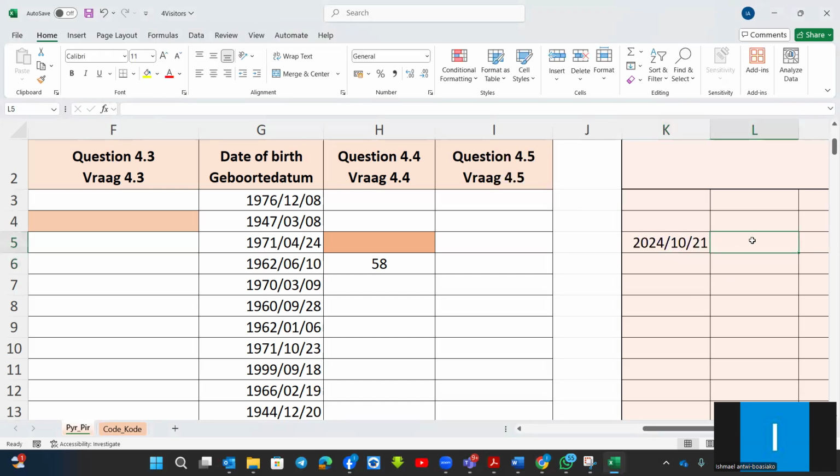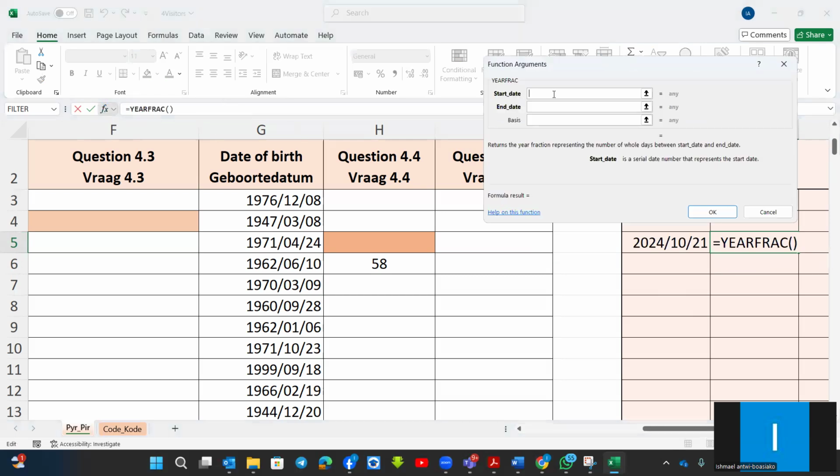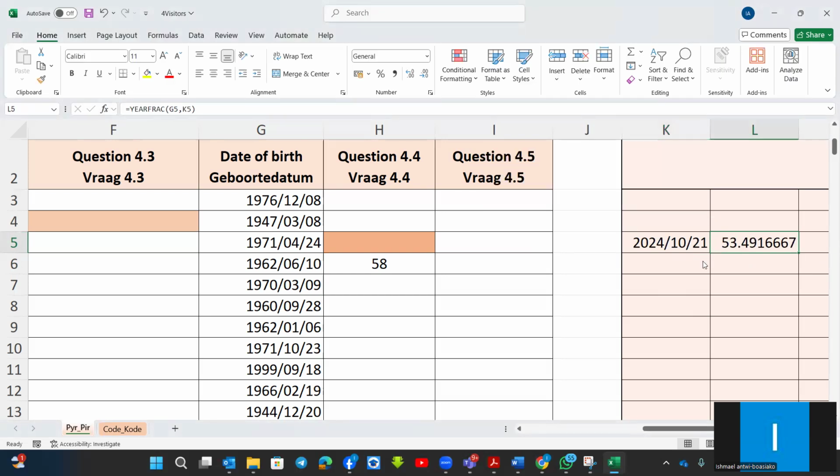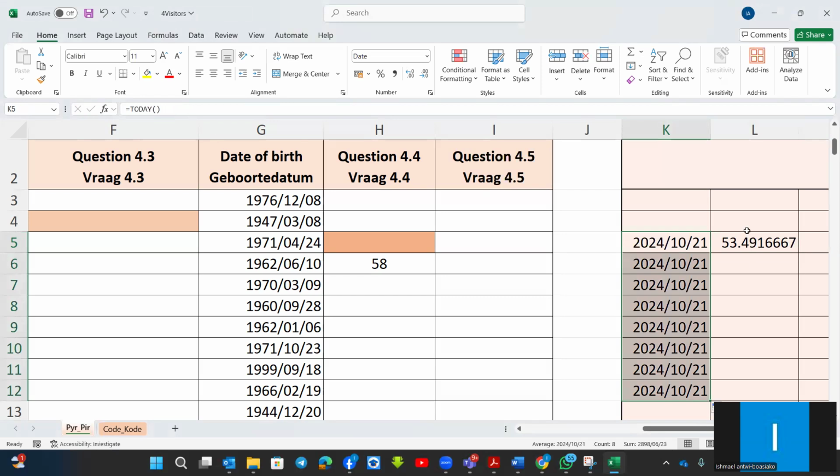And then we use the YEARFRAC. So the start date will be the date given to you. And then the end date will be the today value. Very simple. Don't forget that today you must drag it down so that it can work for all of them.